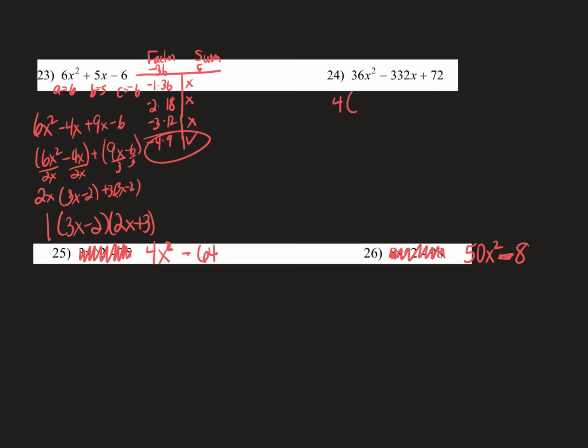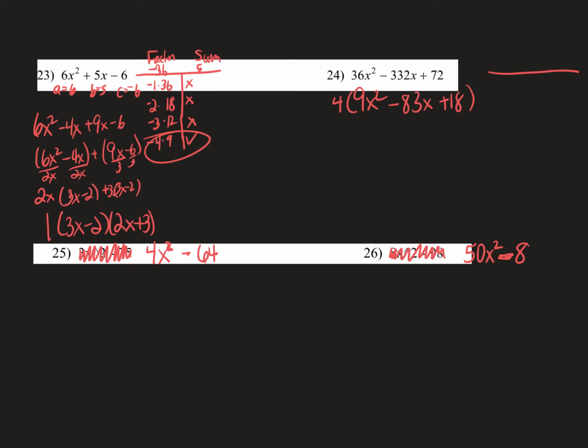I'm so sorry. 9x squared, 332 divided by 4 is 83. I don't think I got that a second ago. Minus 83x. And then is that 24? 72 divided by 4 is 18. See? 18. And those do not have a common factor.